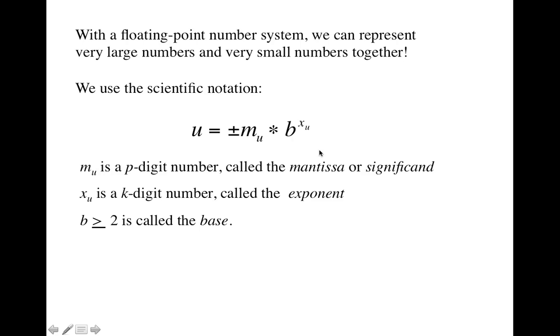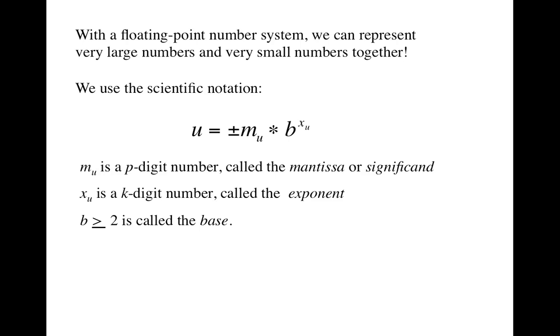These, along with the sign bit, give us the floating point numbers, which would obviously change with the values that we have here. B itself is called the base, and that's typically equal to 2.